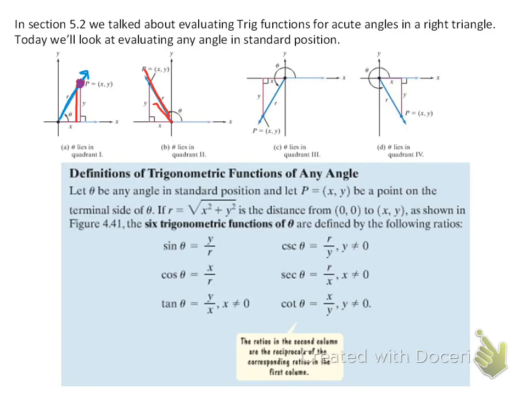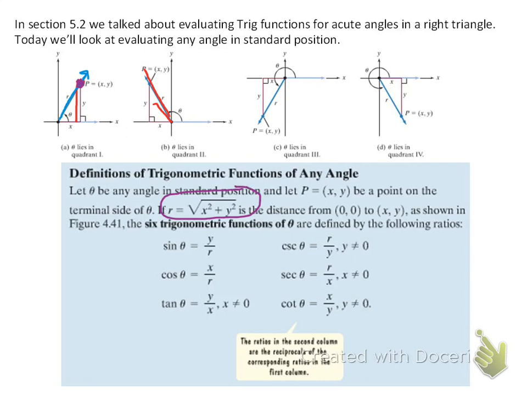So instead of right triangle trig, we're going to talk about it as circle trig. Here the r for the radius is basically our hypotenuse now. So we can extend that into all of the other functions. The first thing I want you to write down is that to find the radius, it's x squared plus y squared.